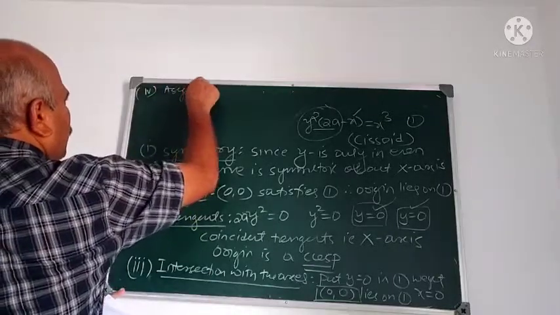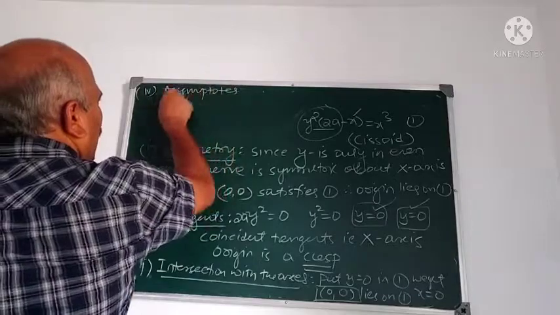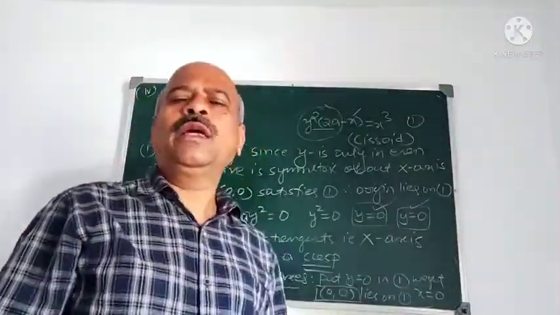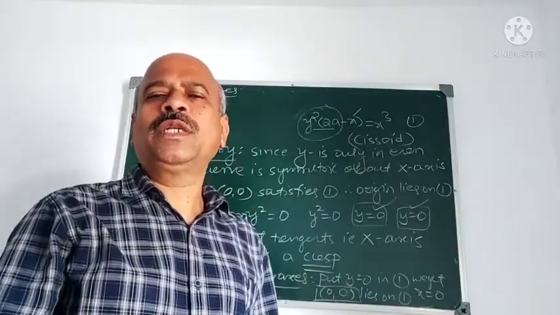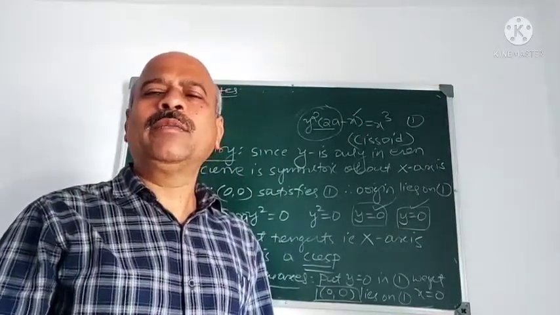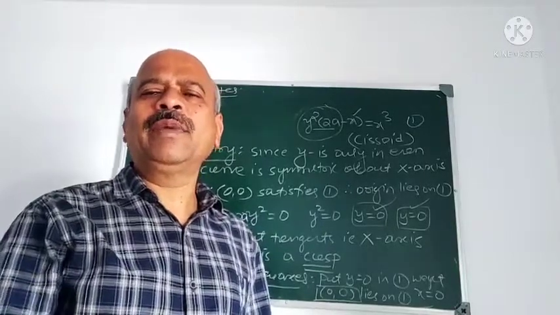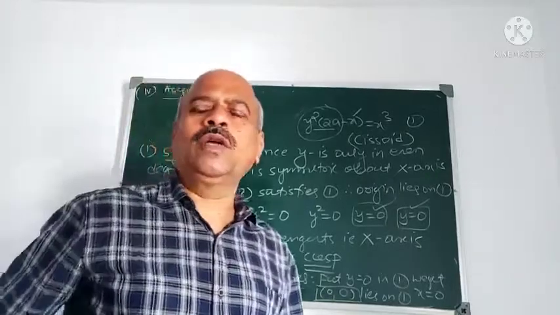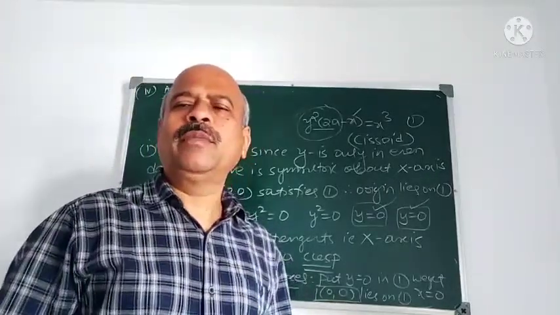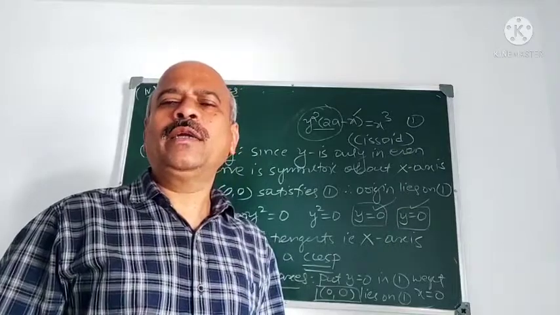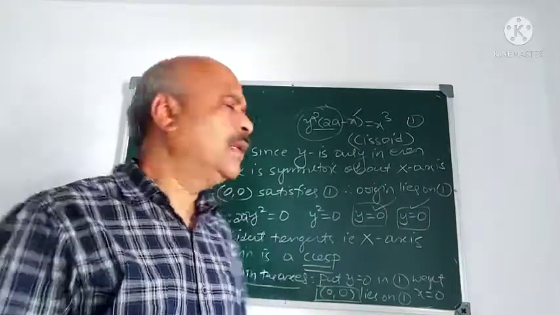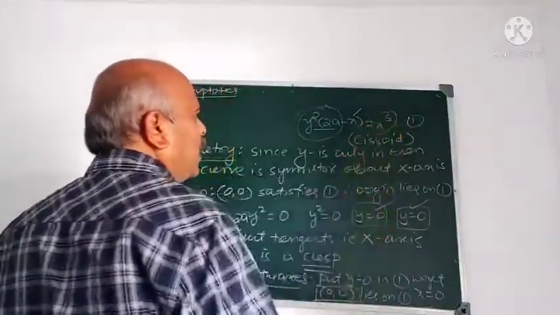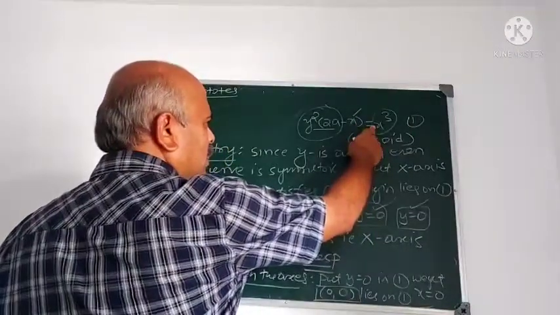Asymptotes. How to find asymptotes? By equating the coefficient of the highest degree term in x and the highest degree term in y. If they are not constants, you have to equate the coefficient of the highest degree term in x and y to 0, then we get parallel asymptotes. Now what is the highest degree term in x? x cube, and its coefficient is 1, a constant.